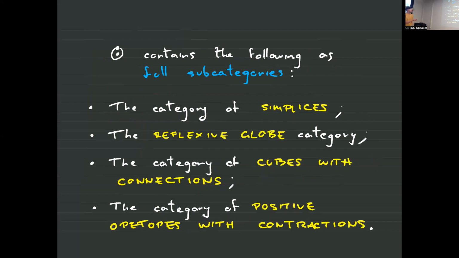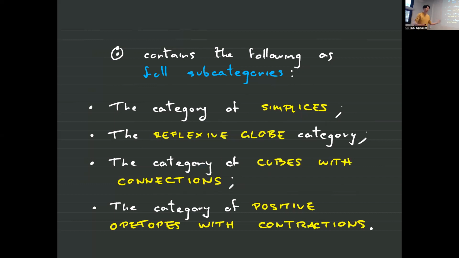This is a very rich category of shapes because it contains lots of subcategories as full subcategories. In fact, the category of simplices is contained in here. The category of reflexive globes, the one where you also have unit morphisms, is contained. The category of cubes with connections is contained, and also the category of positive opetopes with contractions.